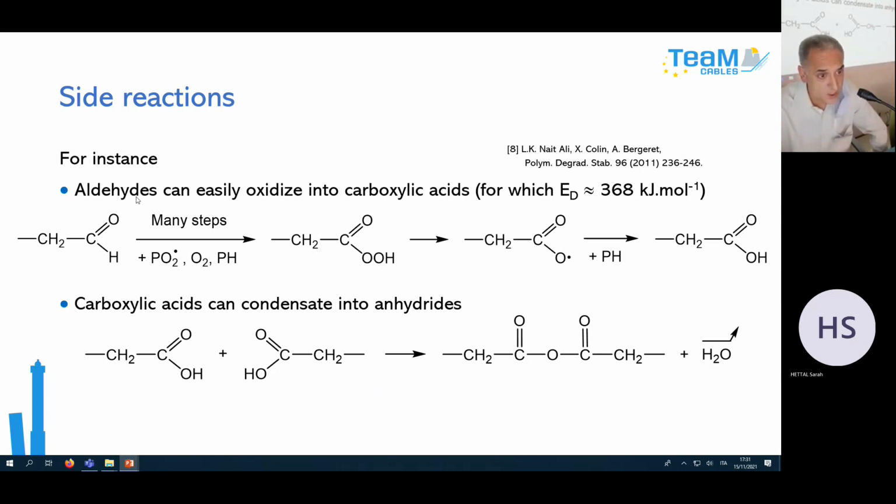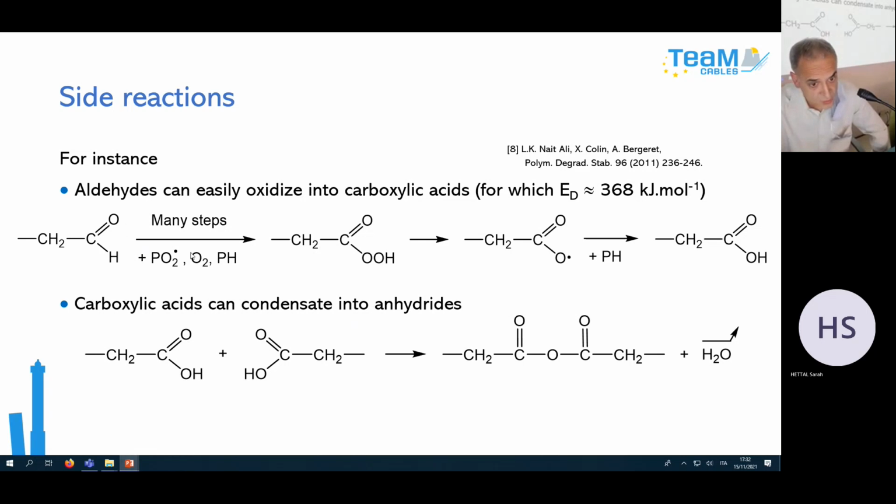In particular, it is well known in the literature that aldehyde can easily oxidize into carboxylic acid, because this aldehyde presents a hydrogen atom with a very low dissociation energy, just barely higher than the value I gave you for the unsaturated elastomer.